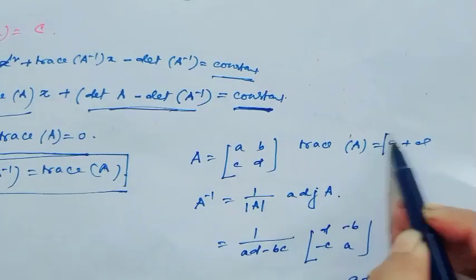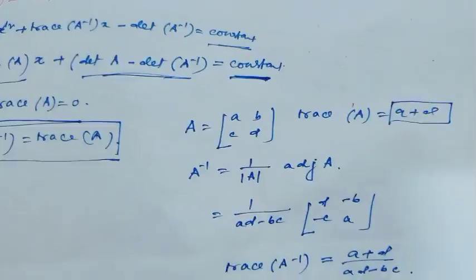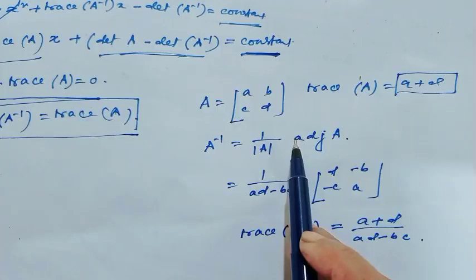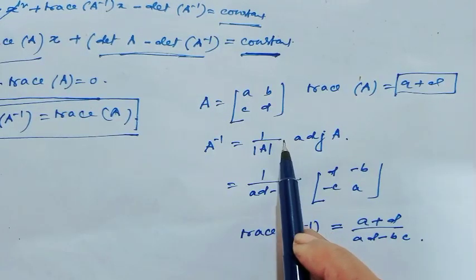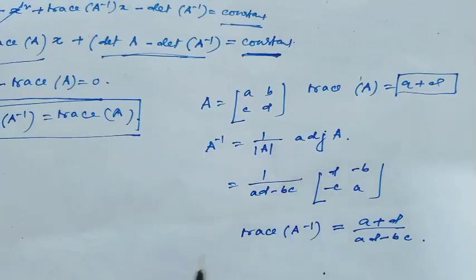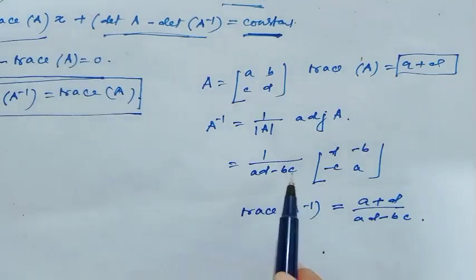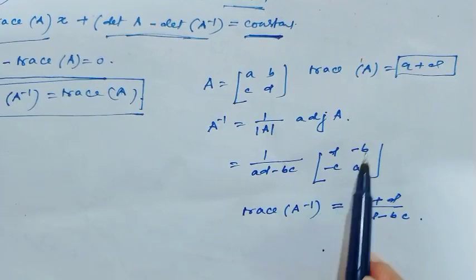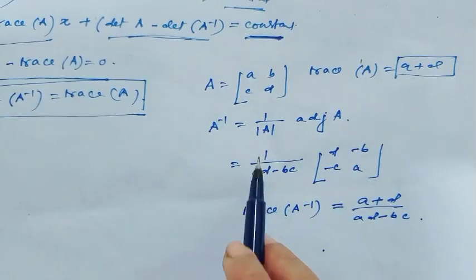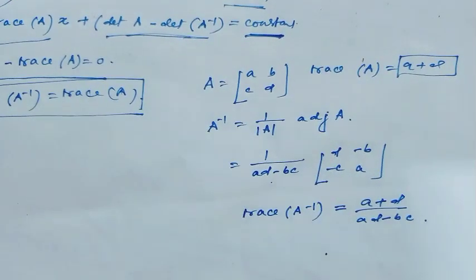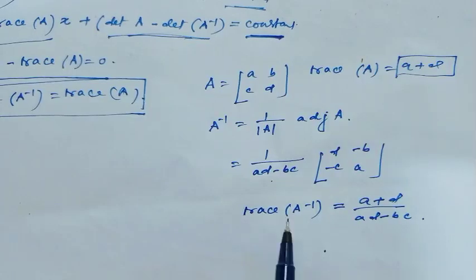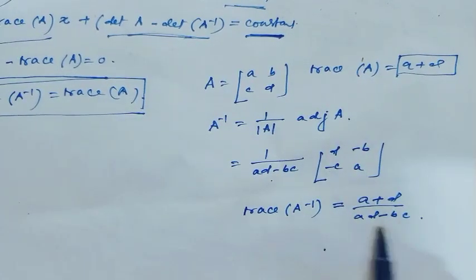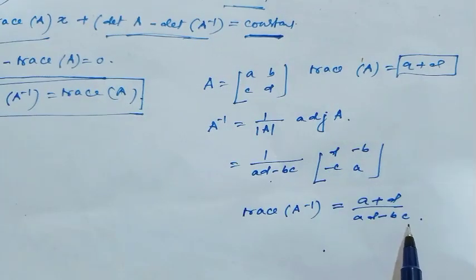Then trace of A would be a plus d, and A inverse equals adjoint of A divided by determinant of A. Adjoint of A means d, a, and here minus b, minus c, and determinant of A means ad minus bc. So, trace of A inverse equals a plus d over ad minus bc.